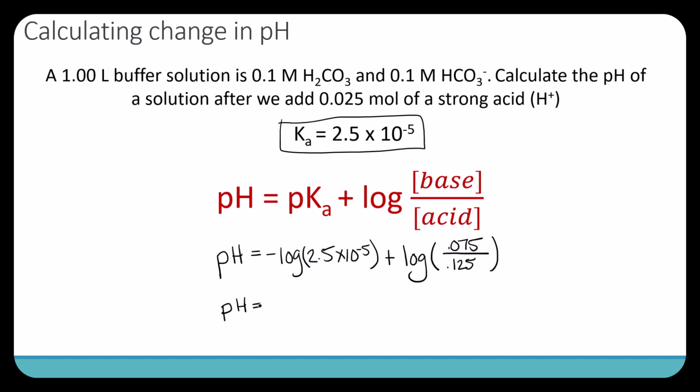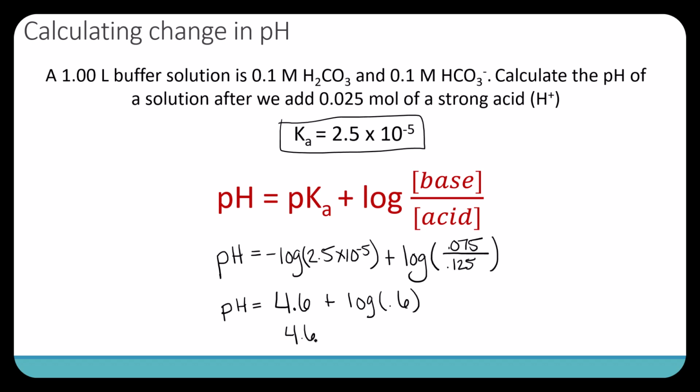So negative log of 2.5 times 10 to the negative 5th is 4.6. And then we're going to take the log of 0.075 divided by 0.125. So we're going to take the log of 0.6.